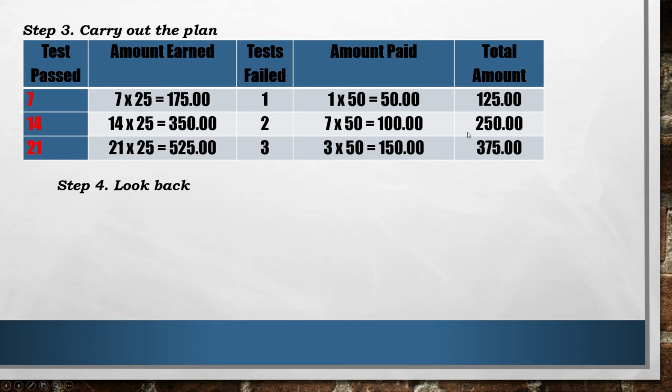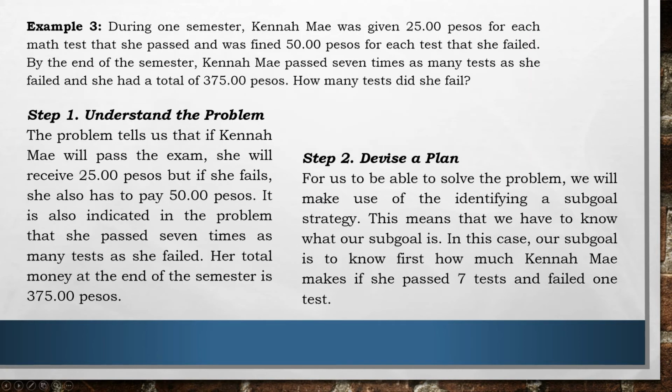The total of these will be 250. Next one is 21. 21 times 25 is equal to 525. And then 3 fails. 3 times 50 is equal to 150. Now you get 375. Going back to the problem, it says there the total money of Kenna May is 375. So this is a matter of trial and error in getting the answer, of course, using a given table.